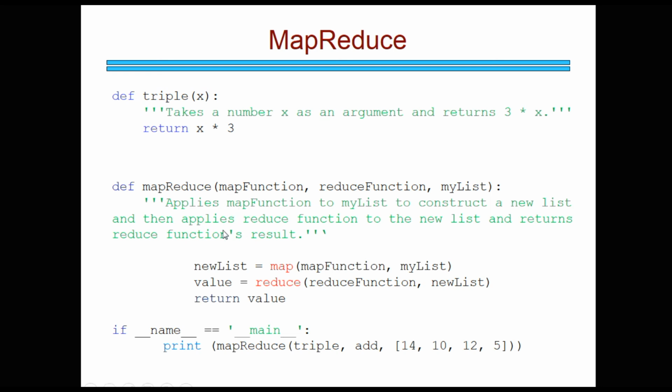In this example, we called MapReduce with triple and add functions on these lists. So this makes all these elements tripled at first, and then we add all of these elements together. This shows the power of map and reduce functions.